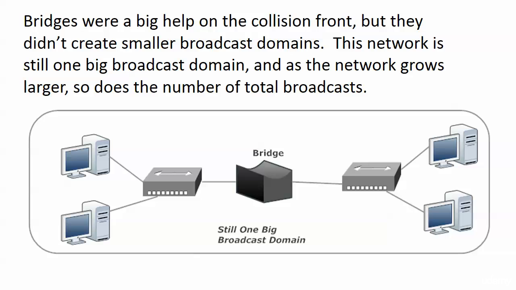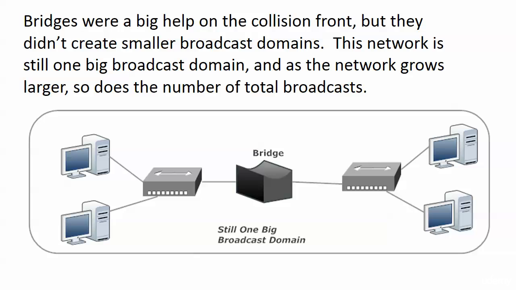Now, the only problem with bridges, or a big problem, is that they did not help us create smaller multiple broadcast domains, because this network is still one big broadcast domain. And as the network grows larger, so does the total number of broadcasts. You can see what I was referring to in the previous video, because what we've got now are two hubs, and we could easily connect more devices than we had in the diagram in the last one. We could put 16 on each one, 32, however many ports we have on that hub.